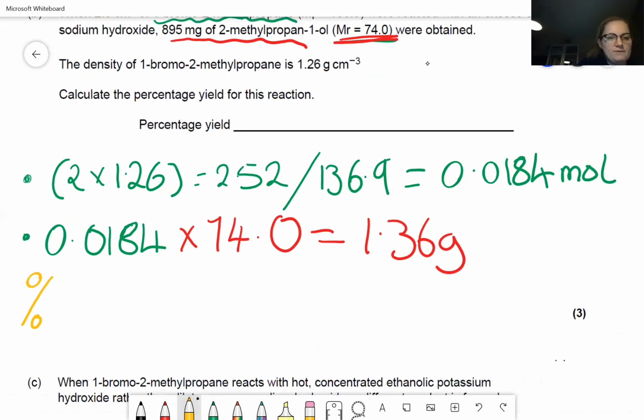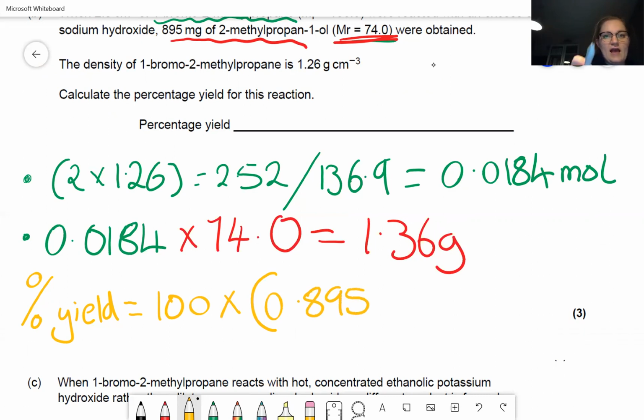Percentage yield is going to be 100 times by 0.895, which is our actual yield. This is what we actually got, 895 milligrams. Our expected, so our theoretical yield, was 1.369 grams.